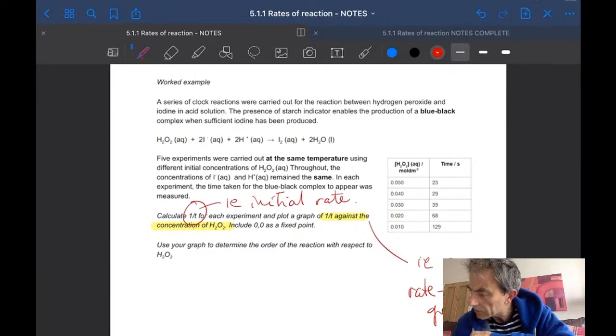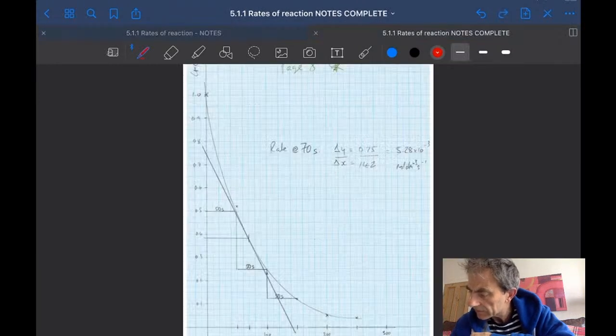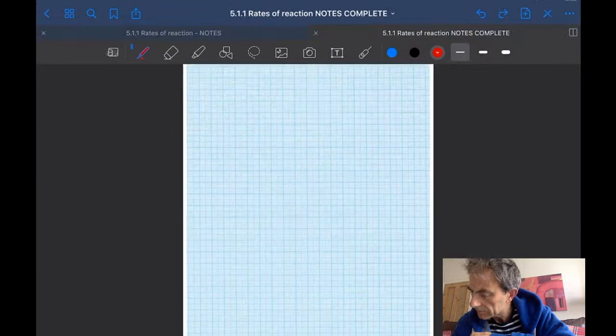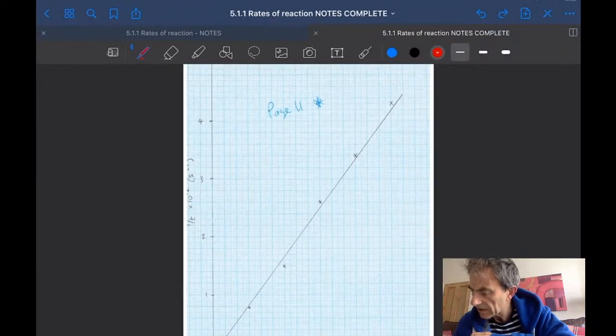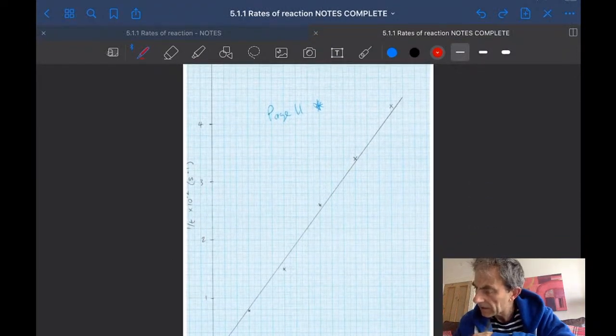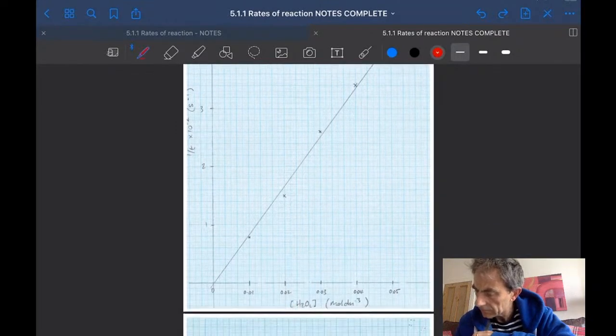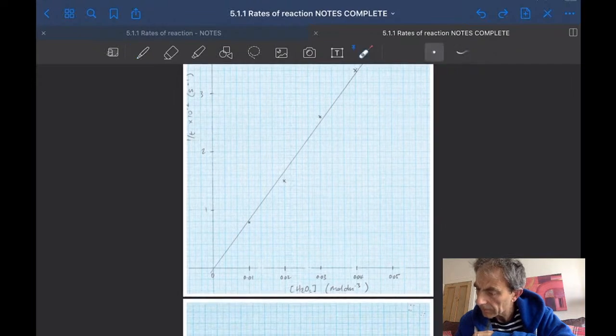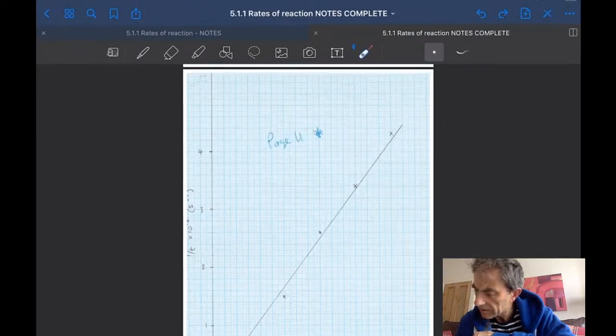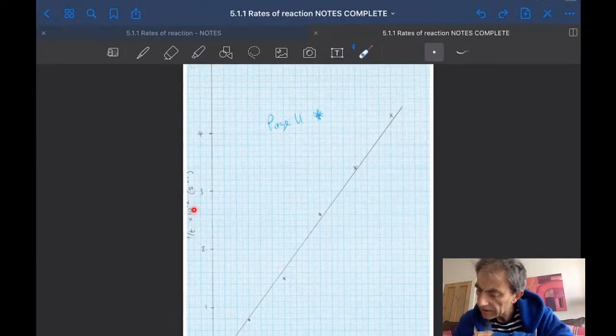So if I then go to the one that I've drawn, that's it there. Okay, so you'll see we've got concentration of hydrogen peroxide along the bottom, moles per decimeter cubed, so don't forget labels and units. 1 over t times 10 to the minus 2 I've got there.